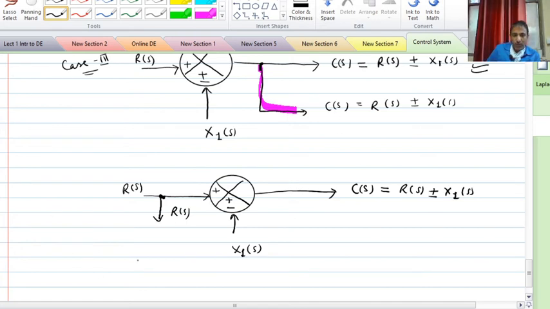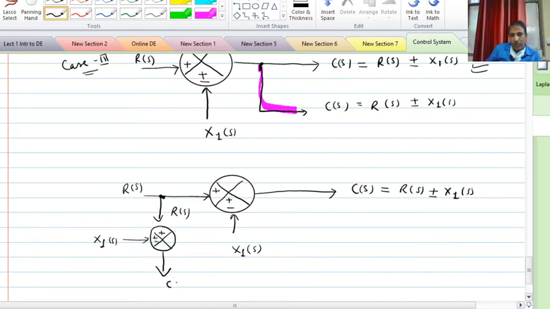So what are the necessary conditions? We have to add a box here, and we have to add plus minus with X1S, and the arrow should be on the output side.